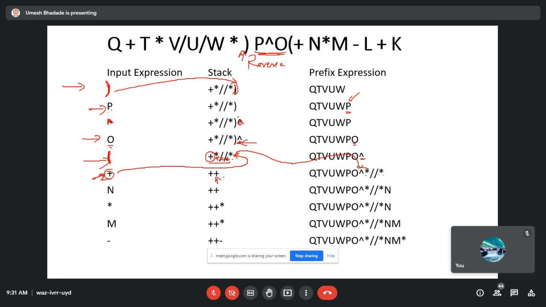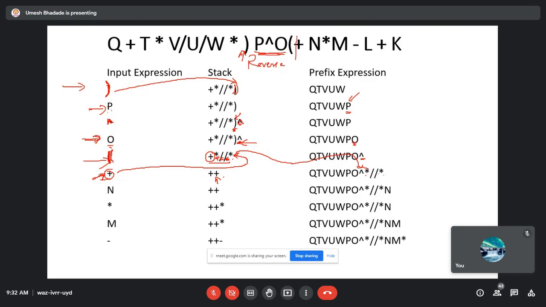But you will go on till you will encounter the another opening parenthesis. So no comparison will be there. Slash the caret will be directly pushed onto the stack because the top of the stack is closing parenthesis. Then another symbol O is taken, which will be added at the end. Now you have encountered opening parenthesis, right?